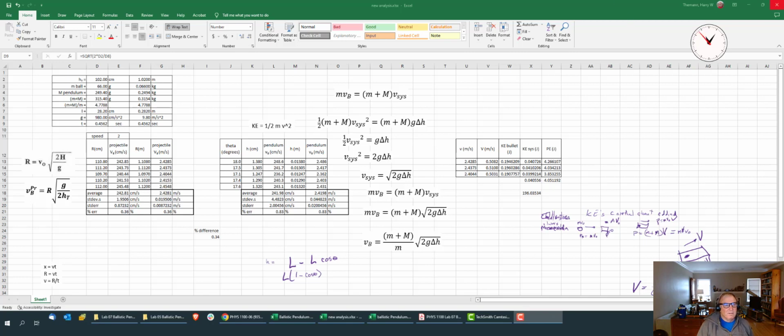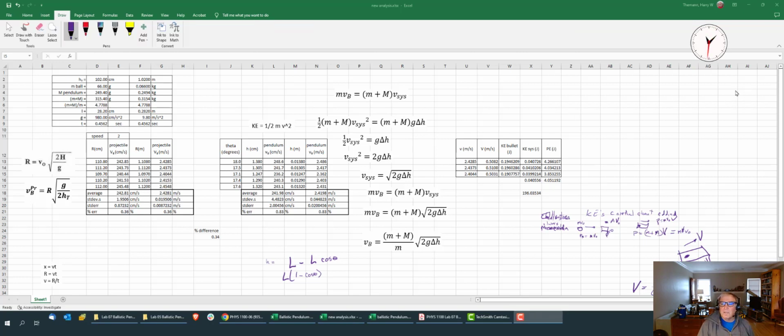Something's wrong here. It screen jumped again, and it decided to quit again. Oh, interesting, maybe because I have to click on the spreadsheet. There we go.